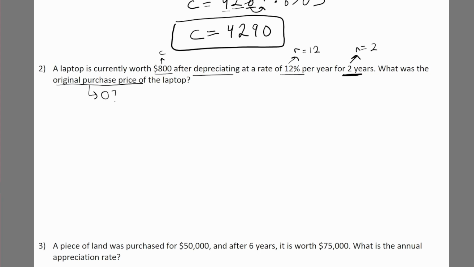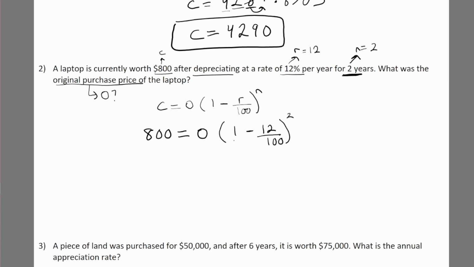So we want to know the original, and we're just going to go ahead and write out the rule. We're using a minus because this is a depreciation scenario. And so the current price, which is 800, is equal to the original price multiplied by 1 minus 12 over 100 to the power of 2.